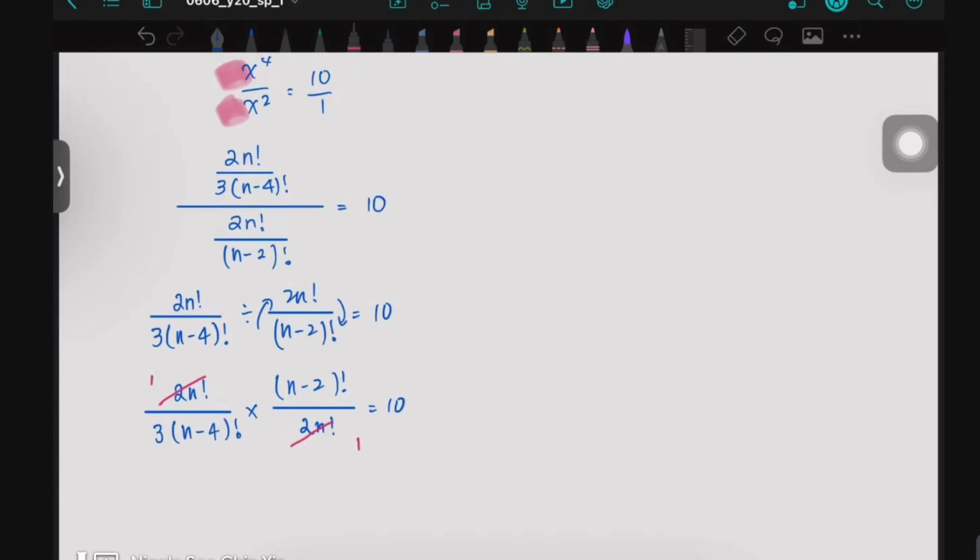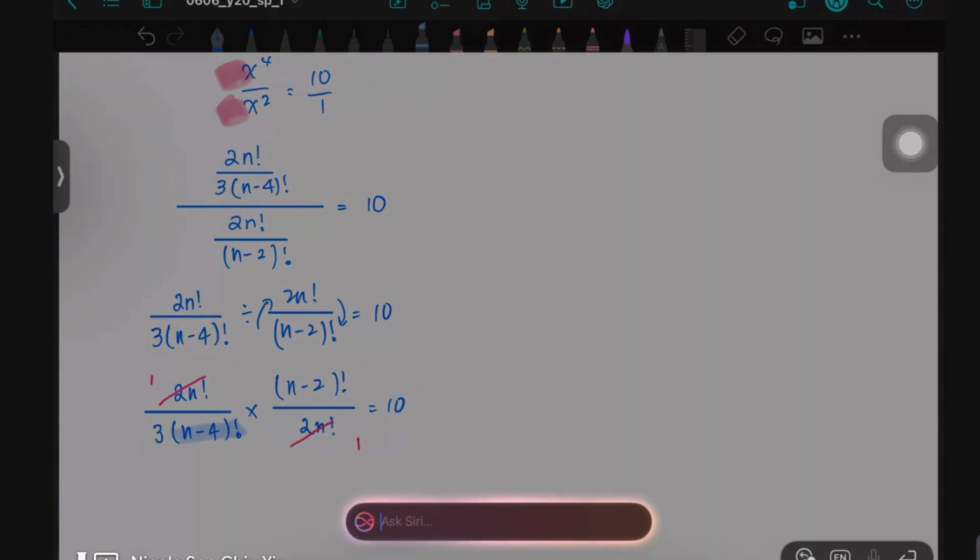How are we going to simplify my (n minus 4) factorial and (n minus 2) factorial? What are we supposed to do with this? Any idea? My target is to cancel my (n minus 4) factorial, right?